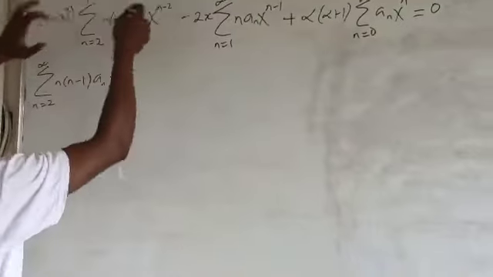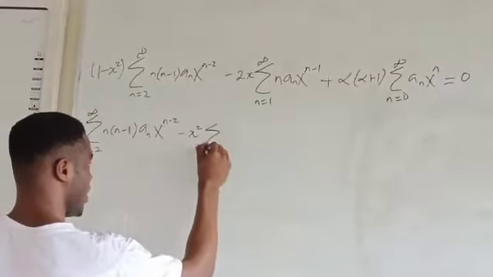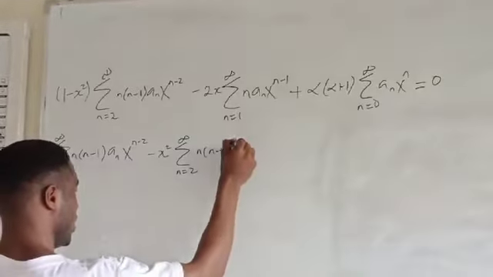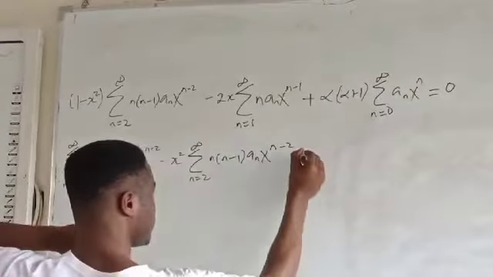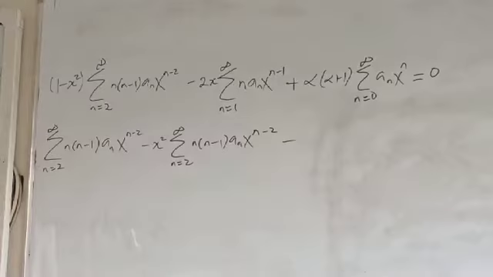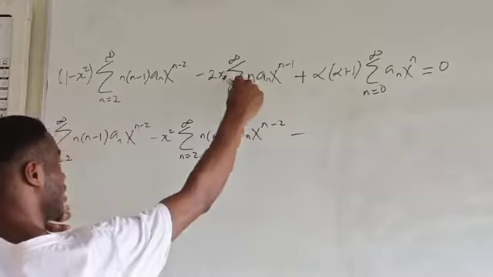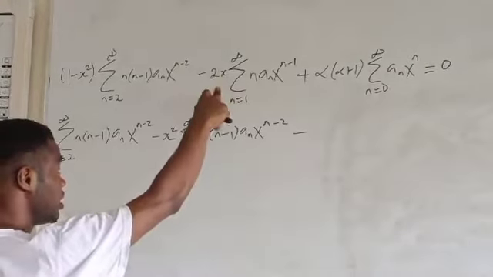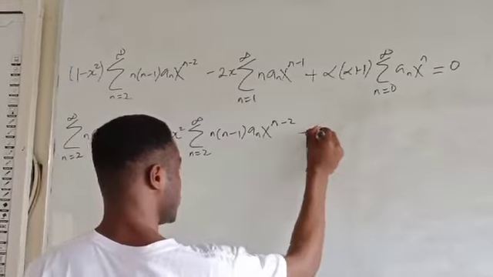When this summation multiplies this negative x squared, we have negative x squared summation of n equals 2 to infinity n bracket n minus 1 a subscript n x raised to the power n minus 2. From here, one of the laws of summation is that constants can enter into the summation. It depends. If you like, you can leave the constant outside, and if you like, you can take the constant inside. It doesn't matter.